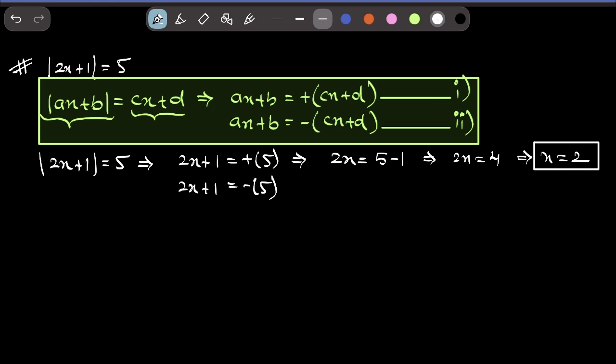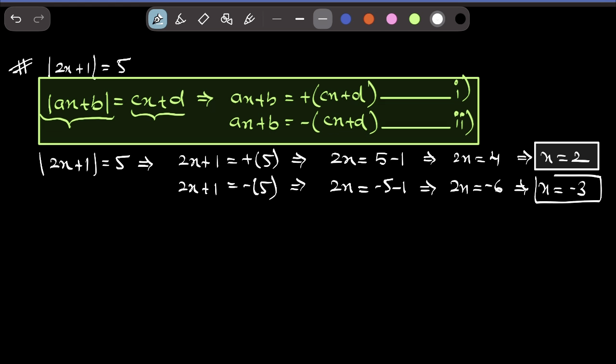This is one of the possible answers. Moving in the same way, I get 2x equals minus 5 minus 1. This gives 2x equals minus 6, and the final answer for this is minus 3. So now I have got two answers for the given question.